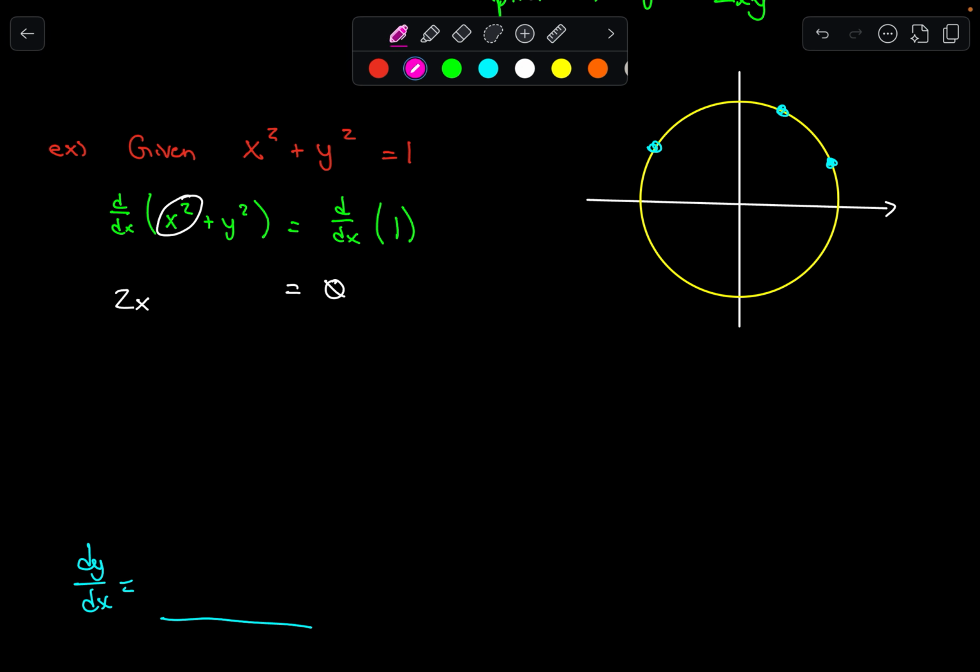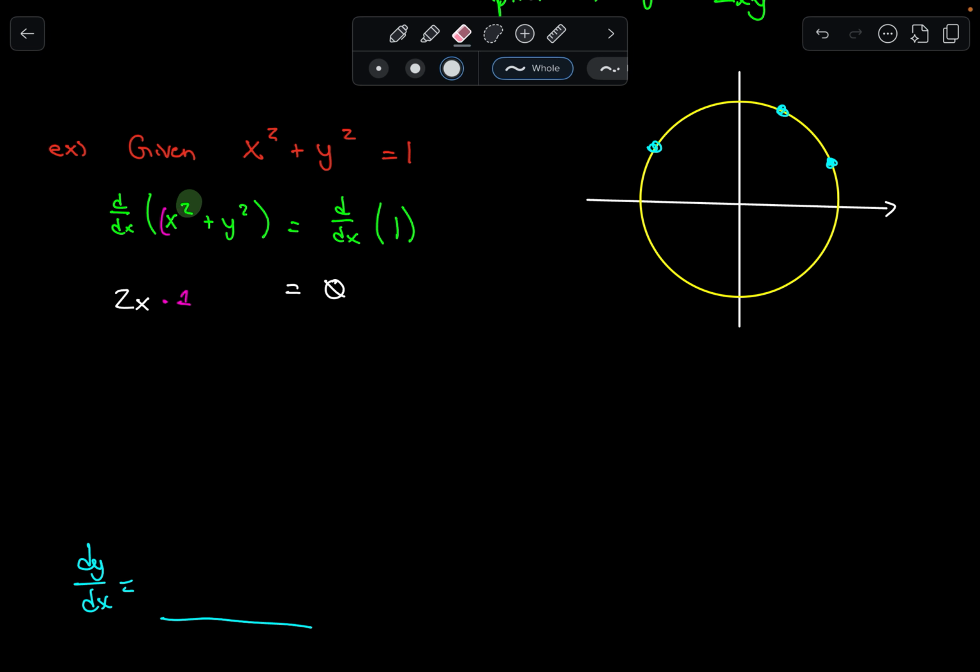I've done this example in the chain rule video, actually. We could treat the outer function as the squared bit, and the inside function would be the x part. And so the derivative of the outside would be 2 times whatever's there, in this case x, and then multiplied by the derivative of the inside, but the derivative of the inside here is just 1, so that's why the derivative of x squared is just 2x.